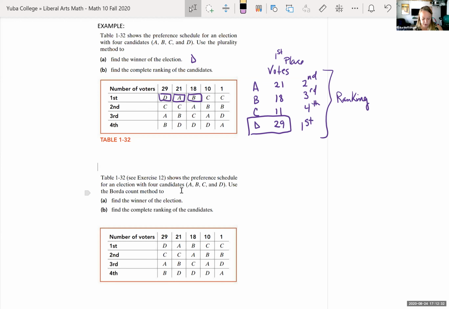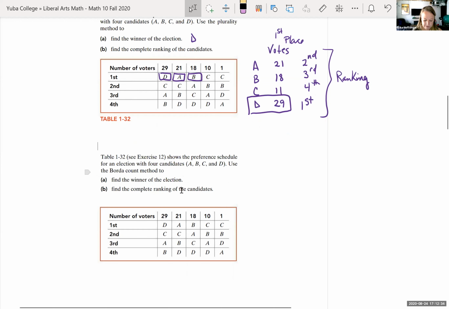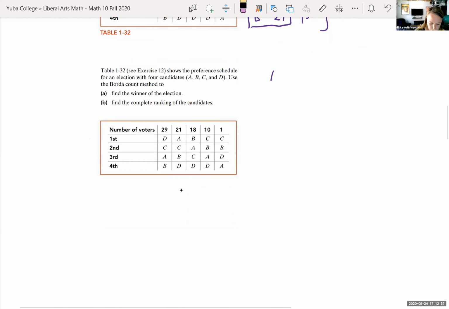So let's go through and look at candidate A first. For first place, they get 4 points, so how many first place votes did A get? A got 21 here, so it would be 21 times 4, plus let's see how many second place votes A got. A got second place on this line, there's only 18, and that's worth 3 points, so 3 times 18.